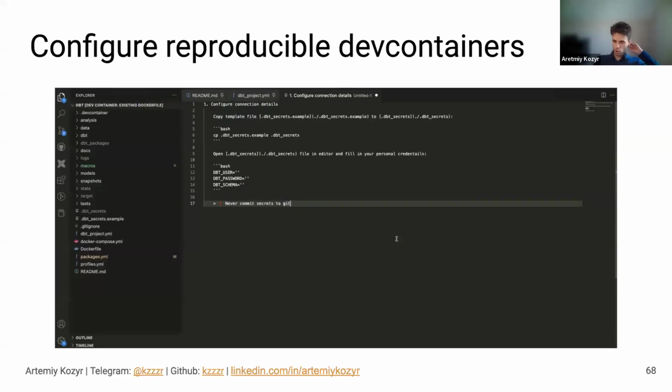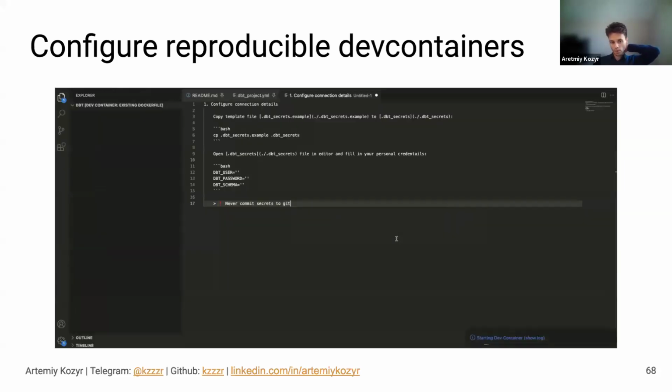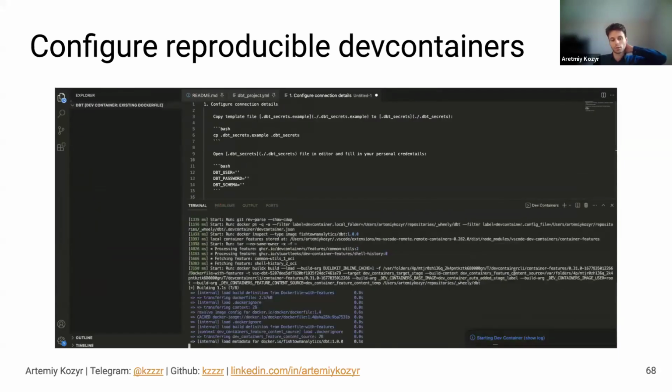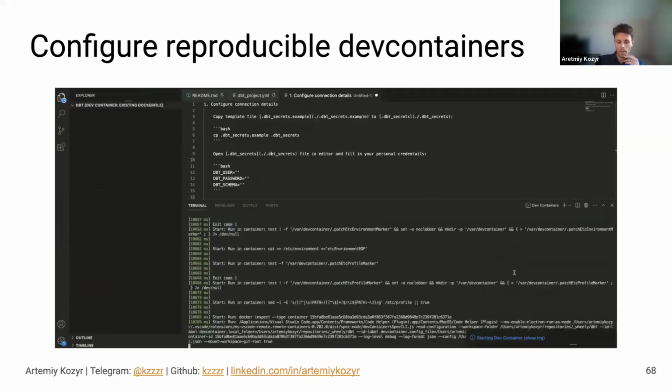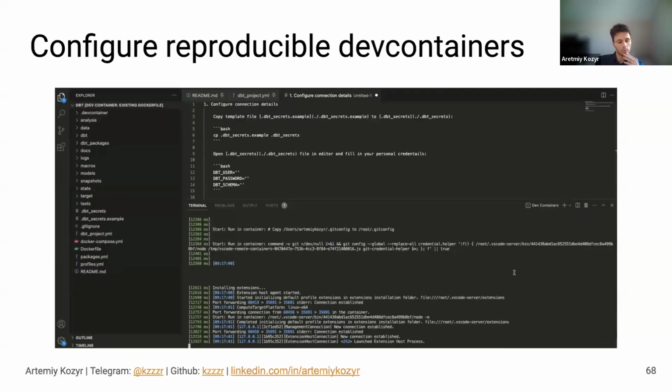All right, a short demonstration. So we've got this: rebuild and reopen in container. Give it a couple of minutes to create a container from this image. And then, boom.